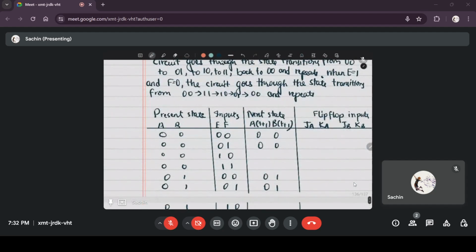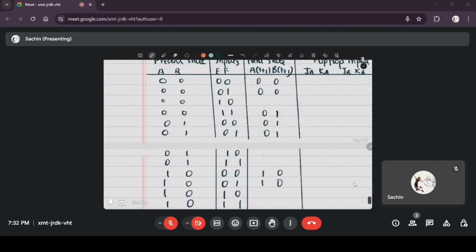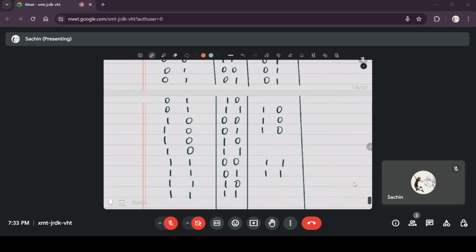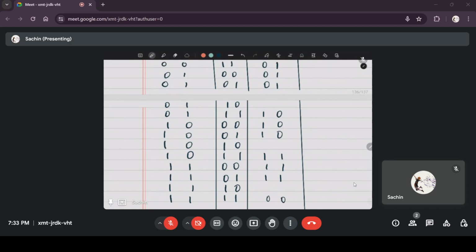So when E is 1 and F is 1, 0 0 goes to 0 1, 0 1 goes to 1 0, 1 0 goes to 1 1, 1 1 goes to 0 0.